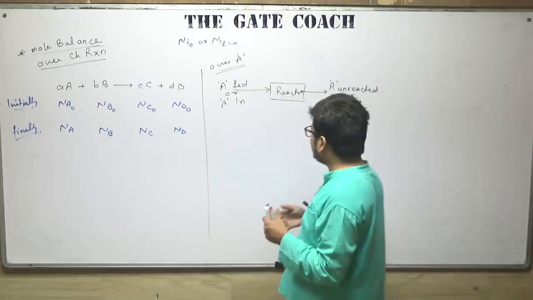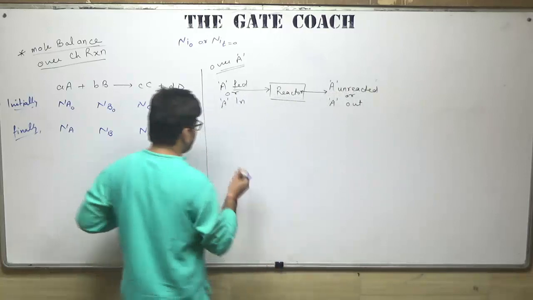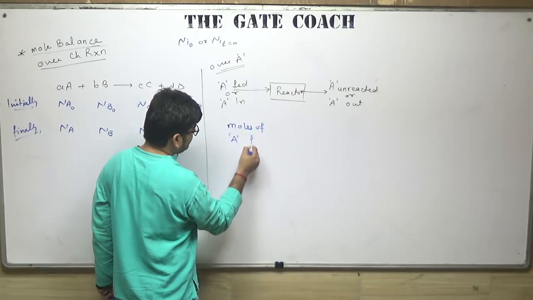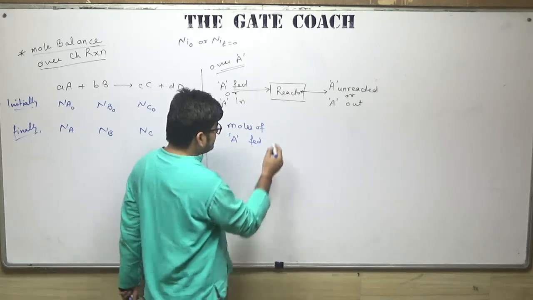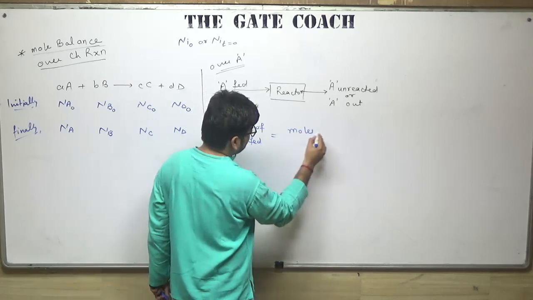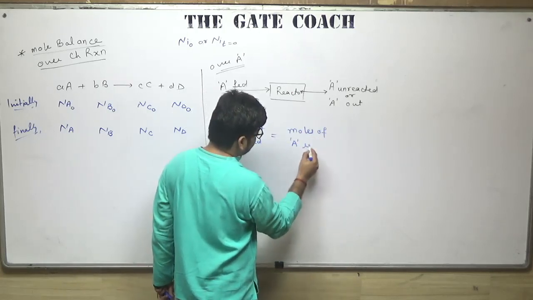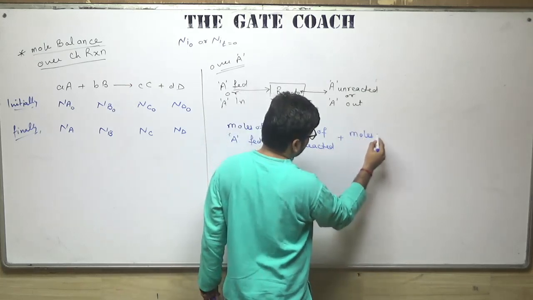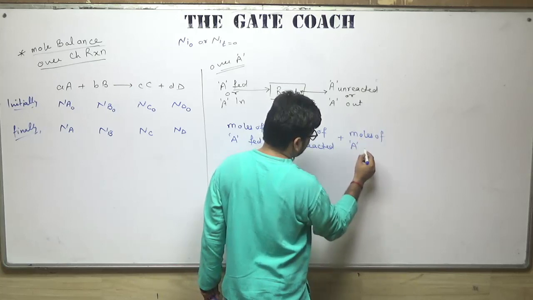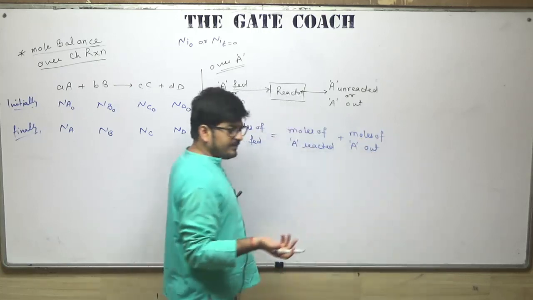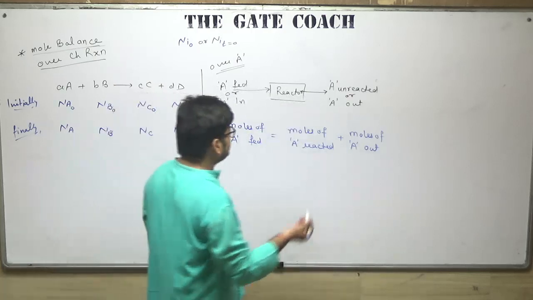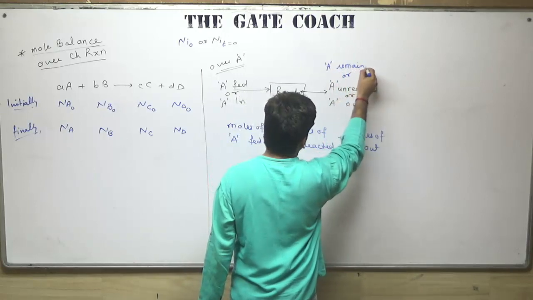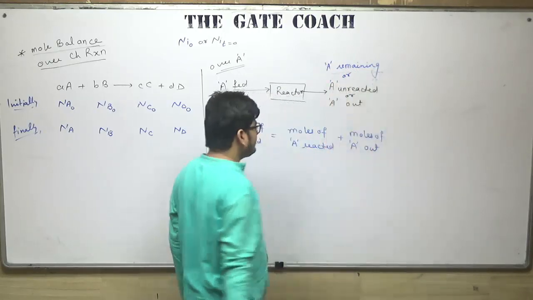Similarly for A, we will write it as: moles of A fed is equal to moles of A reacted plus moles of A out, or you can say remaining, or unreacted.